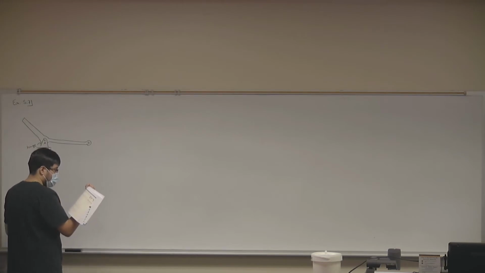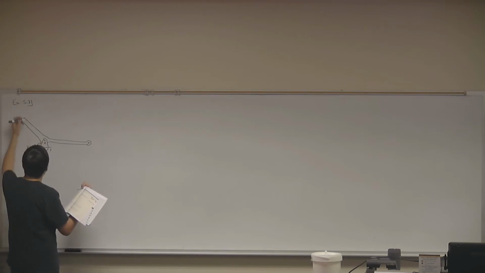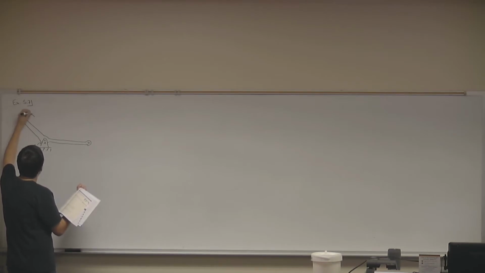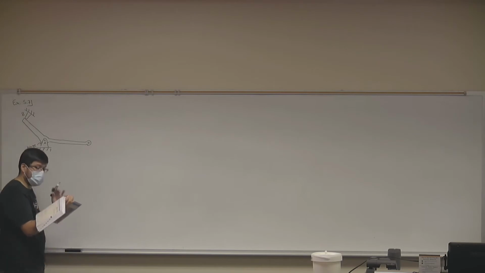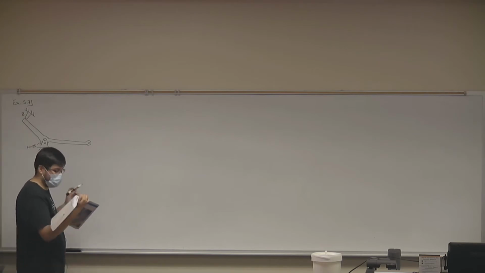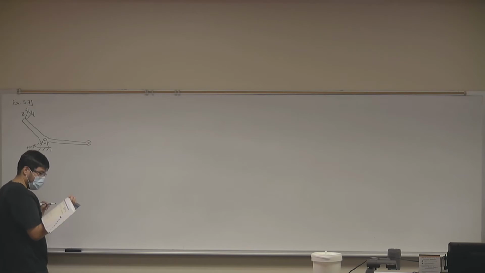And rests against a smooth support at B. So this is a smooth support. What kind of support do you think this is? What will we call this? Where do you think the reaction is? It's like a roller, right? Only a normal reaction. Good. I'm glad that you know this. I'm not going to guide you so much. Just wanted to make sure you know.